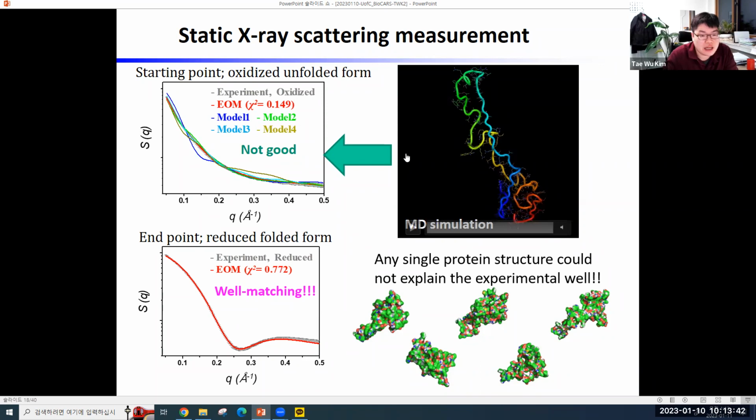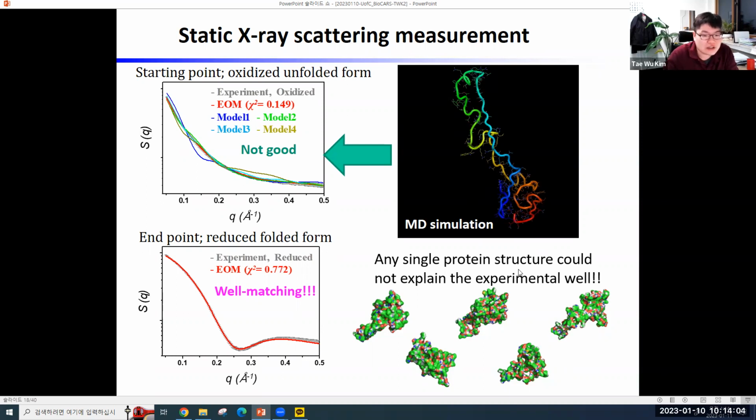It means this oxidized unfolded state might not adopt a single protein conformation, but rather take various types of conformations.